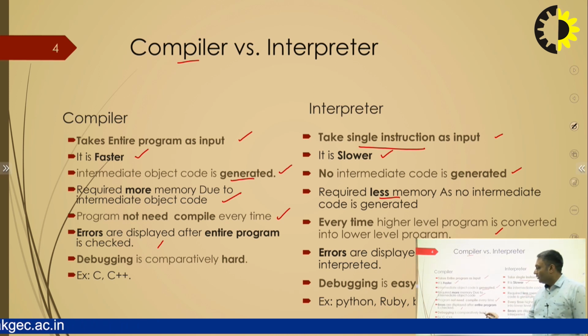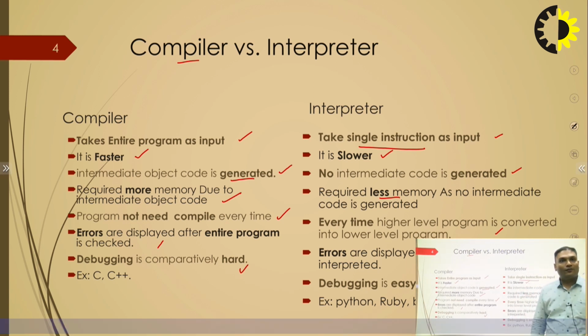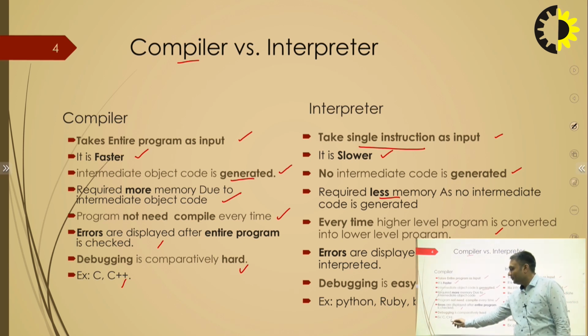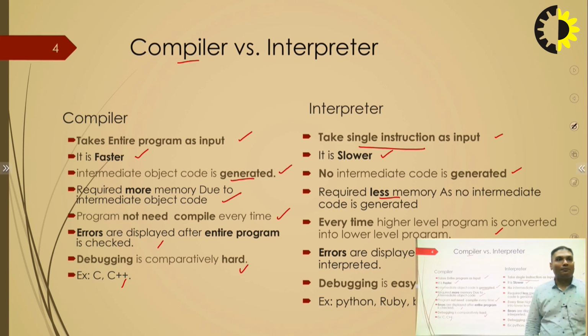Debugging is comparatively hard in case of compiler, but debugging is easy in case of interpreter. So examples of compiler are C, C++. In both the languages we use the compiler as a translator, and in case of Python or Ruby or many other languages we use interpreter as a translator.